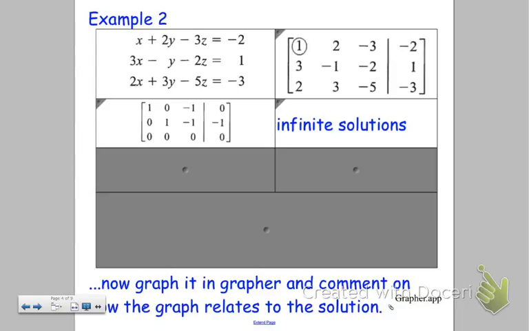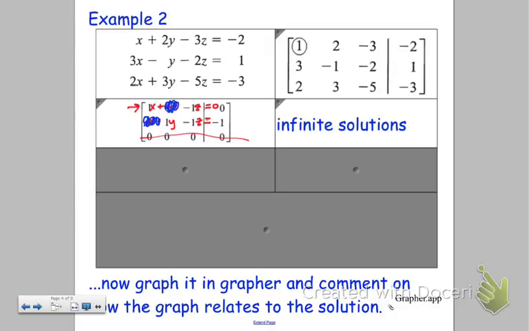So this top line is really 1x plus 0y plus negative 1z equals 0. And then we have 0x plus 1y minus 1z equals negative 1. And then all 0, so we don't even care about that line. Right? So we actually don't really even care about the 0x or the 0y.